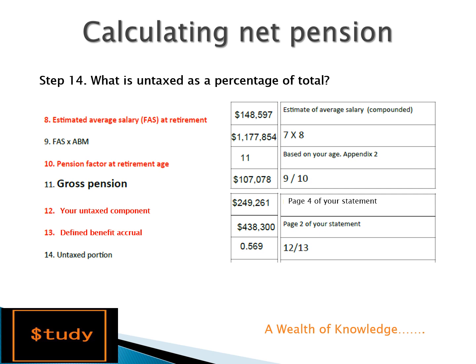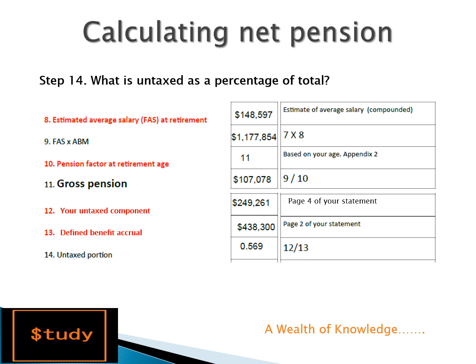So we have our untaxed, we have our defined, and what we're trying to do is find the percentage or the fraction of our defined benefit that is untaxed. Literally, if we take row 12 and divide it by 13, we find it's 0.569 as a decimal. Now 0.569 as a decimal, if you remember from high school maths, is 56.9%, just multiplied by 100.